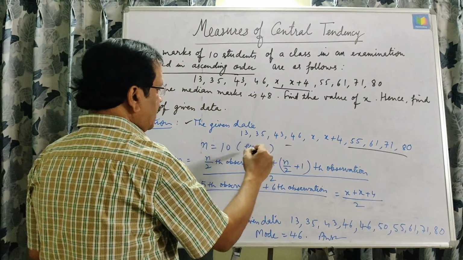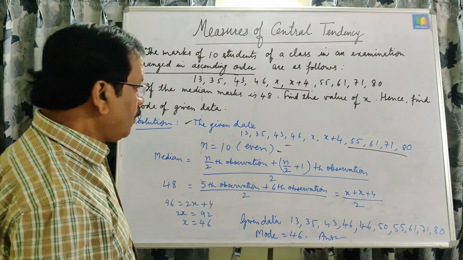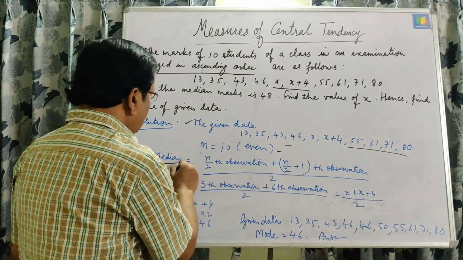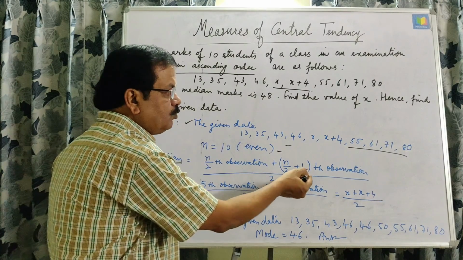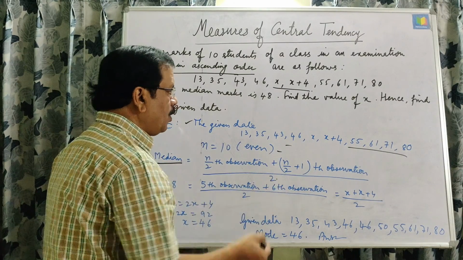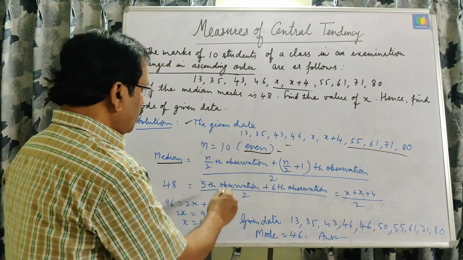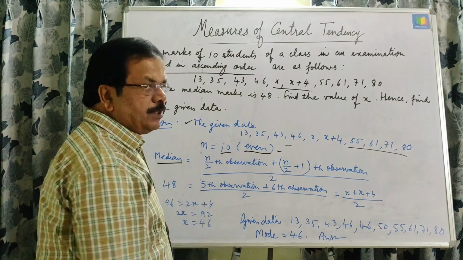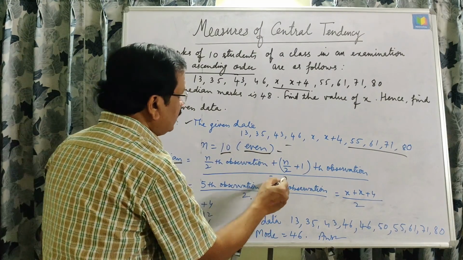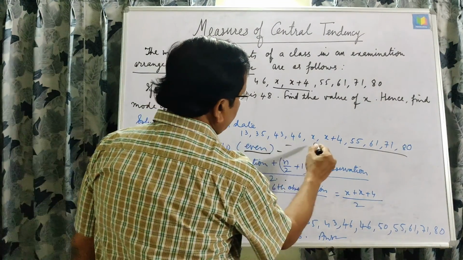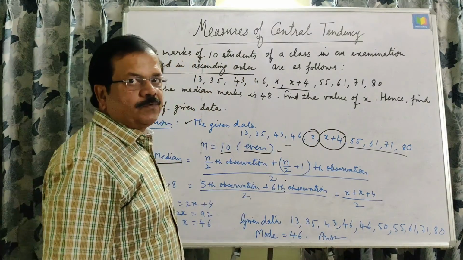Okay. Now after counting we are getting 10, which is even. So for finding the median, the formula will be the n by 2th observation plus the n by 2 plus 1th observation upon 2 for being even. Then 10 by 2, the 5th observation plus the 6th observation upon 2. Here the 5th observation is x and the 6th observation is x plus 4.